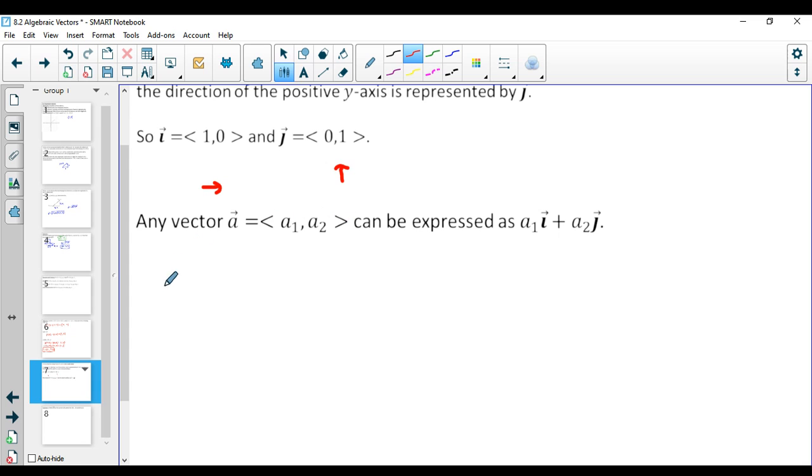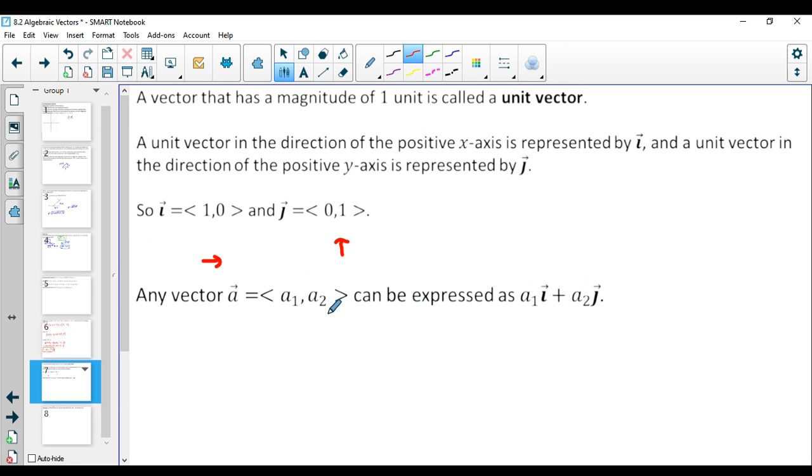Any vector (a1, a2) can simply be expressed as a1 units to the right and a2 units up or down. Also, I know I have little arrows on all these vectors, but much more common notation is just doing this thing, which is also a pain to do in equation editor, so I don't bother.